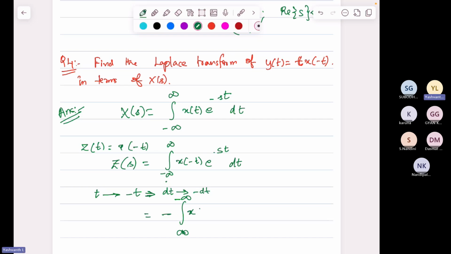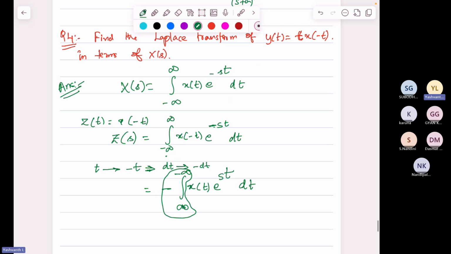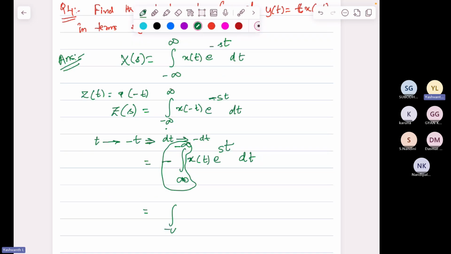You'll have x of t into e power, there's a minus here, so this becomes plus st dt. So you have minus of the integral from minus infinity to plus infinity of x of t e power st dt. Now this is nothing but x of minus s.